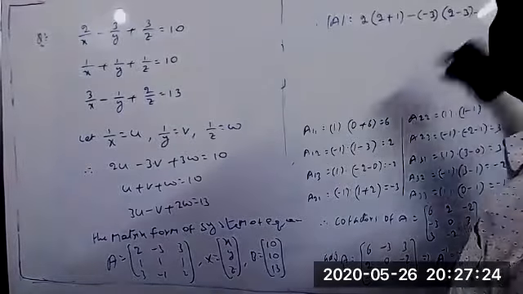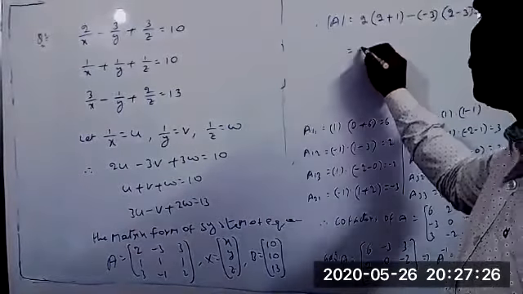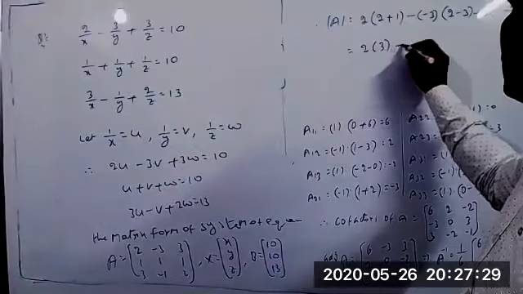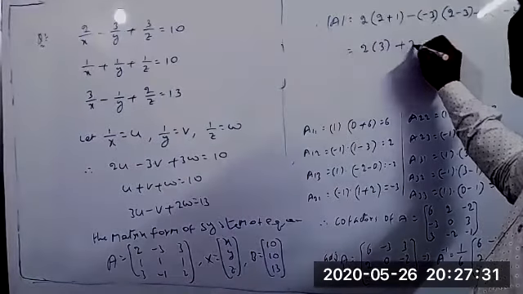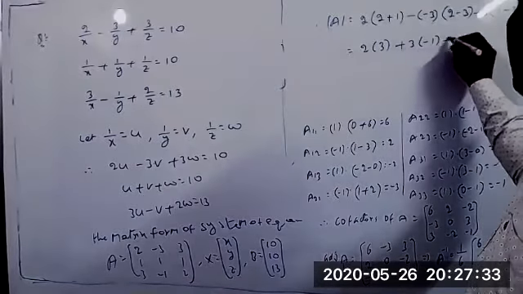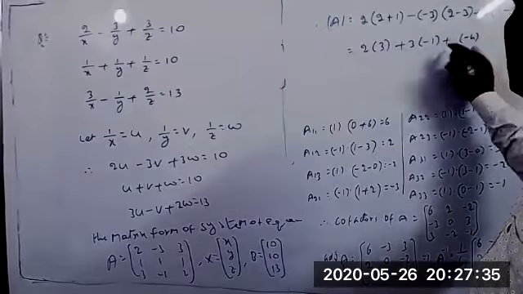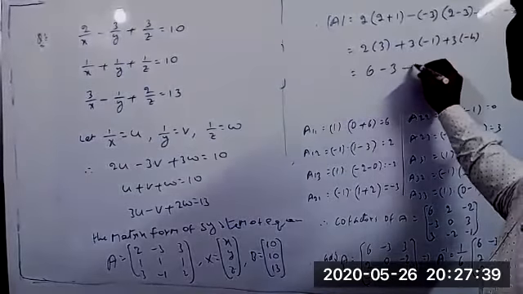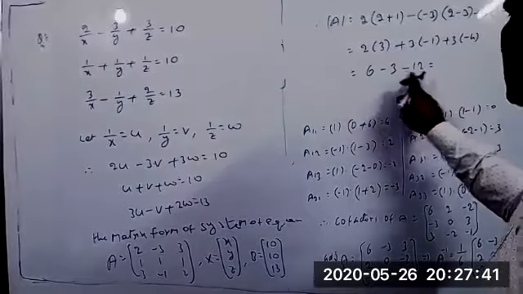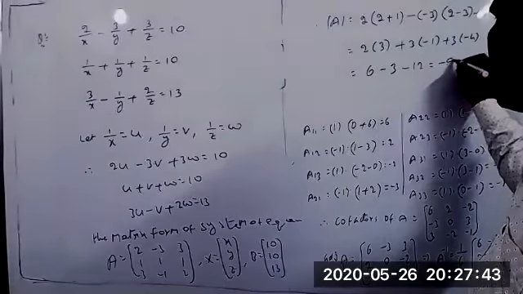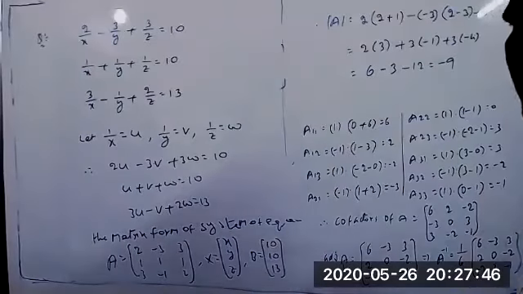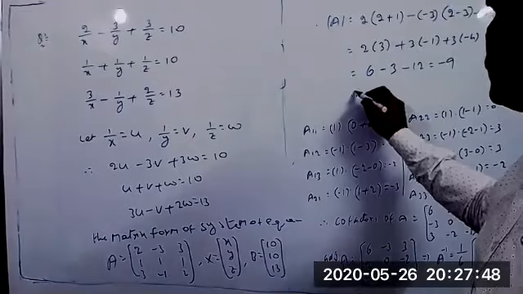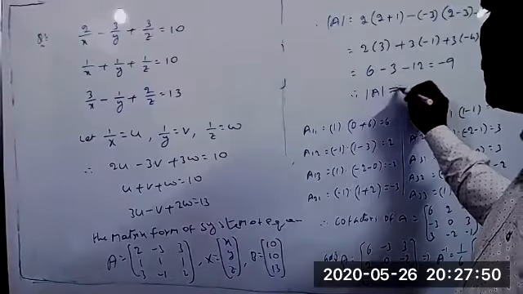So 2 into 3 is 6, minus 3 minus 12, which is minus 6, minus 9, equal to minus 9.